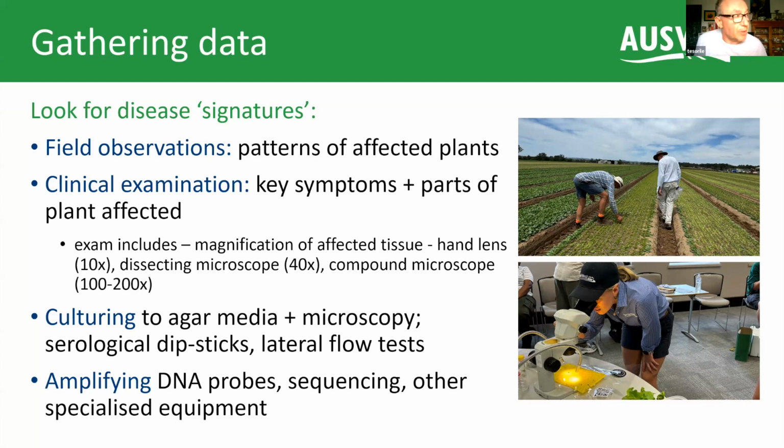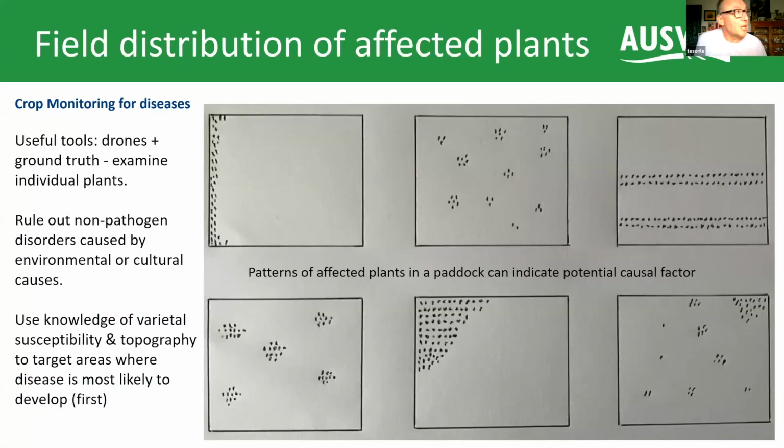to identify plant pathogens. Back in the field, though, it's very important to distinguish between what might be a pathogen-related problem and things that might look a little bit like a disease, but on the plant. But when you look at the pattern in the field, you might be able to relate it back to other things.